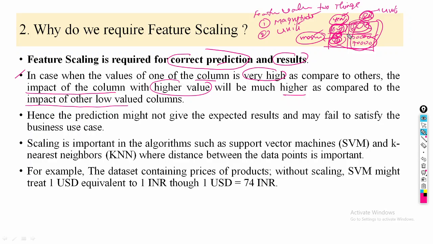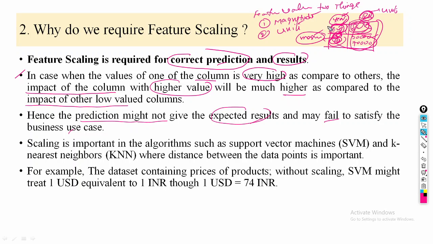Hence the prediction might not give the expected results. If we feed the same data to the model, it will give wrong results and may fail to satisfy our business use cases.